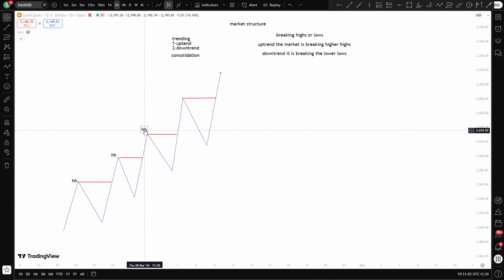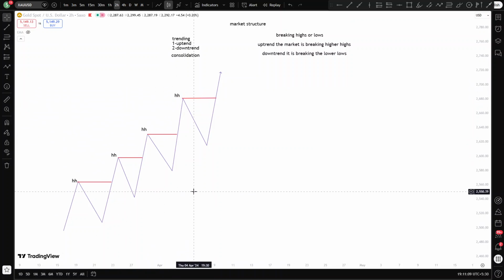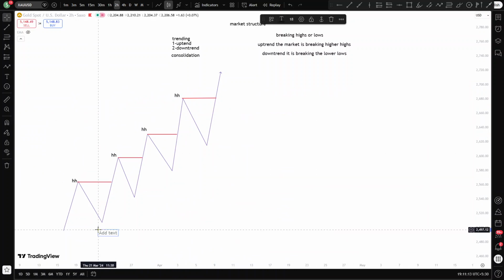Okay, so these are your higher highs which the market is breaking. If the market has a higher high, it is supposed to give us a higher low. And this is the higher low which we have here.